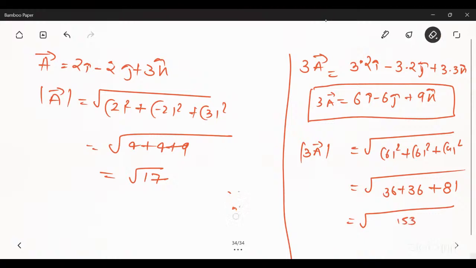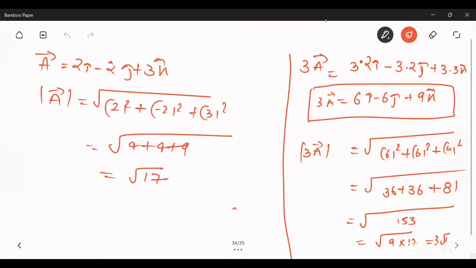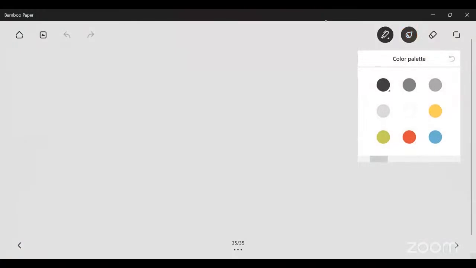We can write 153 as 9 into 17, so if you take the square root of 9 common, you will get 3 times root 17. Okay, that was clear. Now the second one is your dot product.